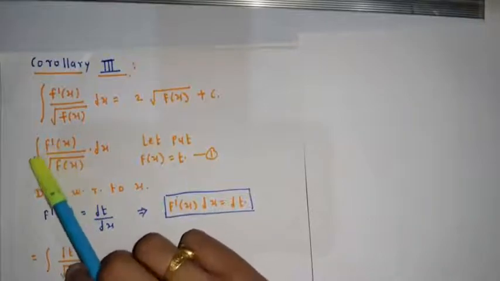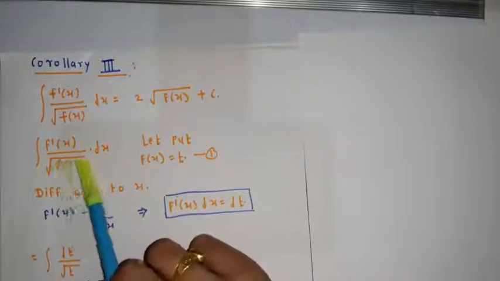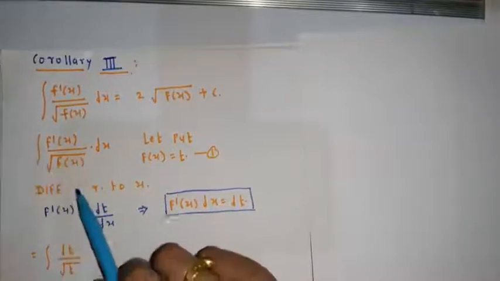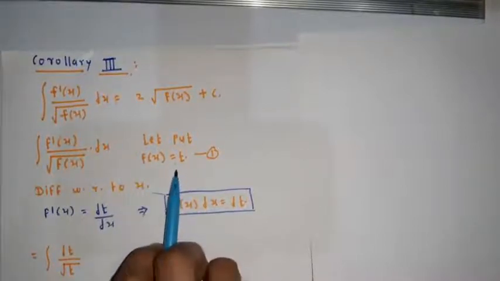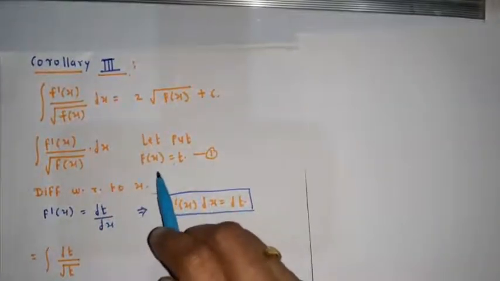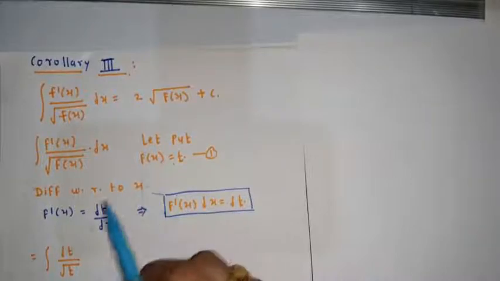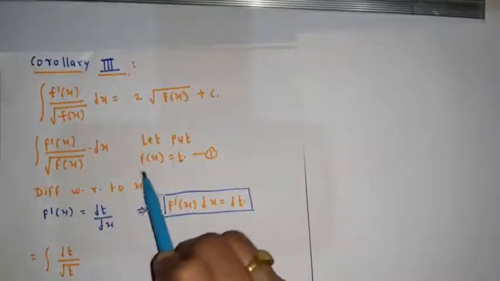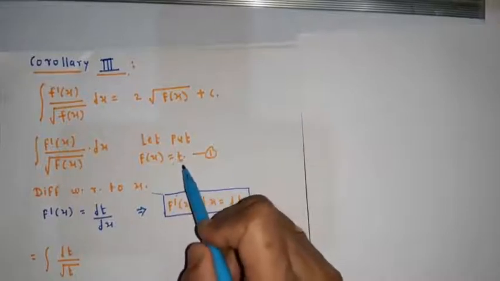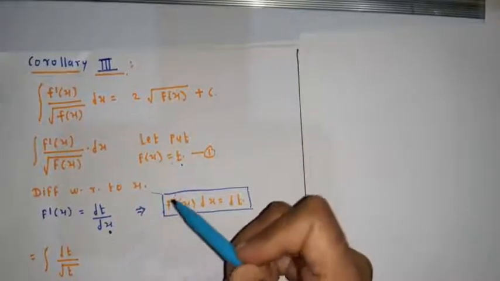So, integration of f dash of x upon root f of x dx. Students, put here f of x equal to t, then differentiate the substitution. Differentiation of f of x is f dash of x, and differentiation of t with respect to x is dt by dx.